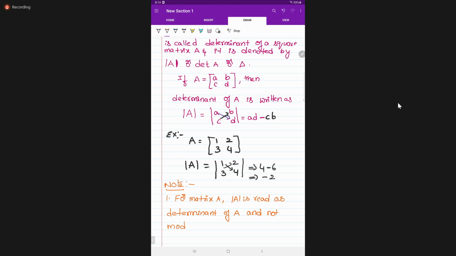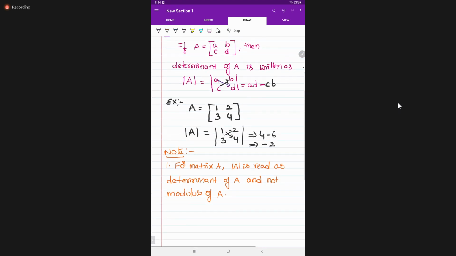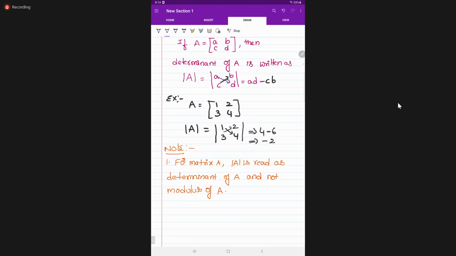How can I read this one? Det of A or determinant of A, not modulus. Next, determinants are possible only for square matrices. Only square matrices have determinants. Students understood?